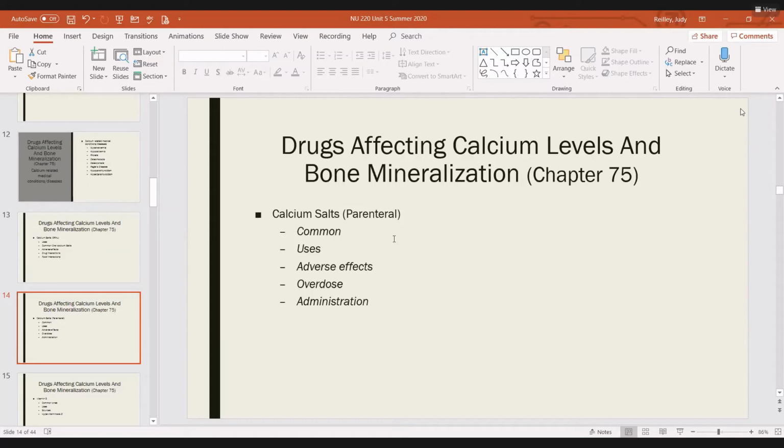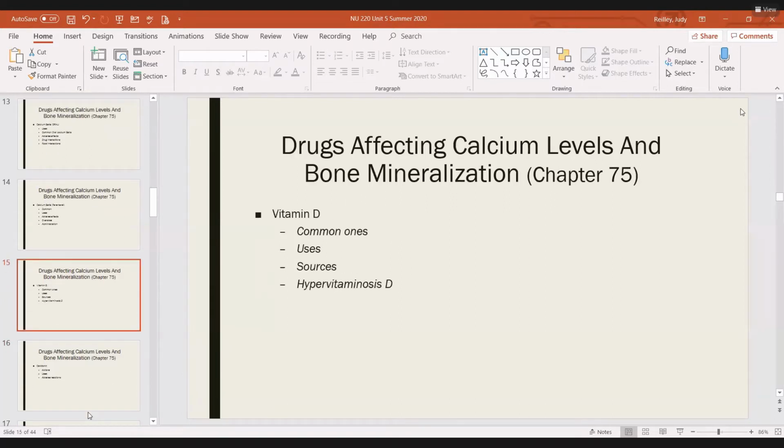So signs and symptoms of patients who have hypercalcemia, because they received too much calcium and now they've overdosed, they're going to have weakness, lethargy, nausea, vomiting, coma, and it can possibly even kill your patient, because calcium, when given rapidly or given excessively, can throw off the heart muscles, which puts them into an irregular rhythm, which causes cardiac arrest.